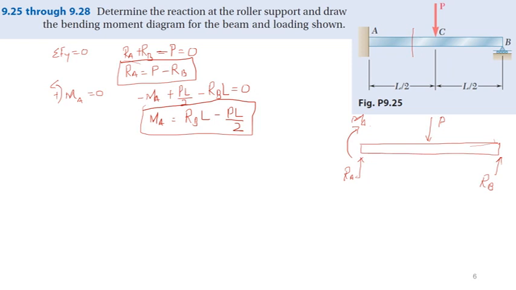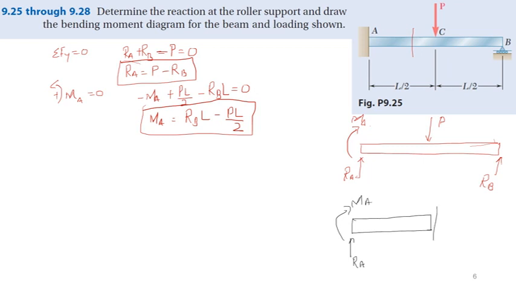And let me change the color. So we are making free body diagram. Okay, and we have a force over here that is RA. We have a moment at A, let me write MA.